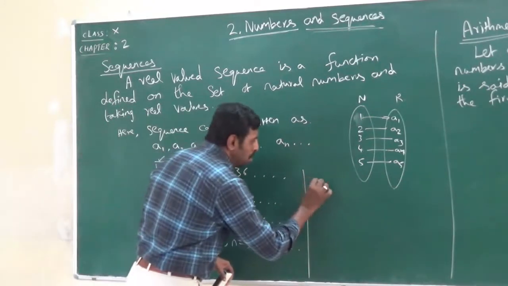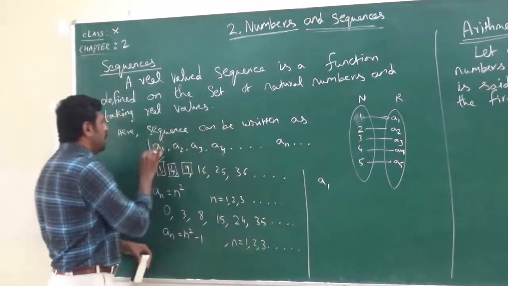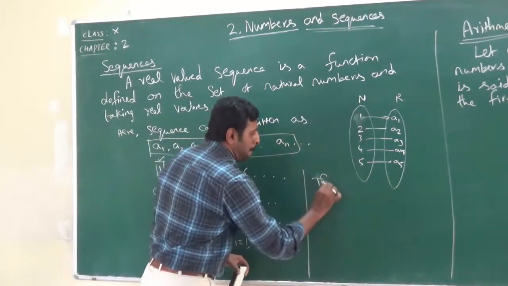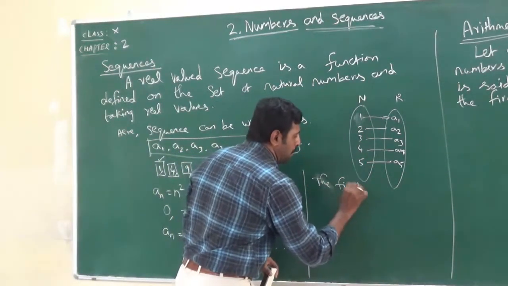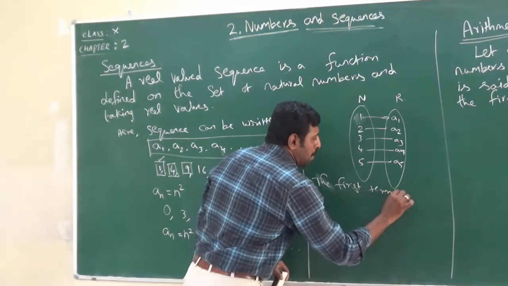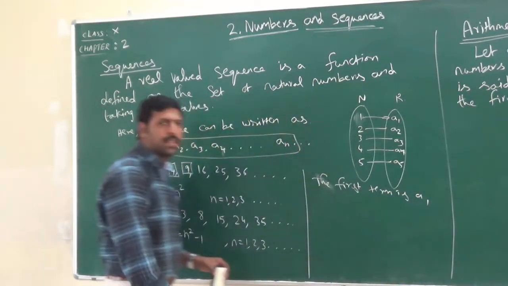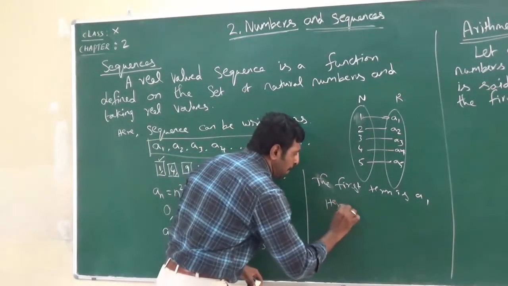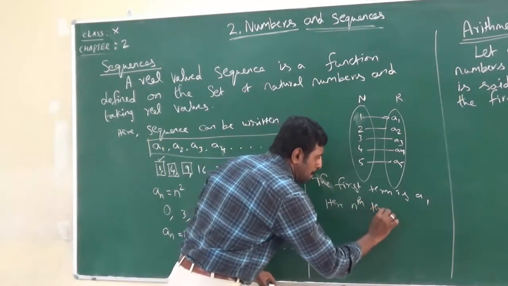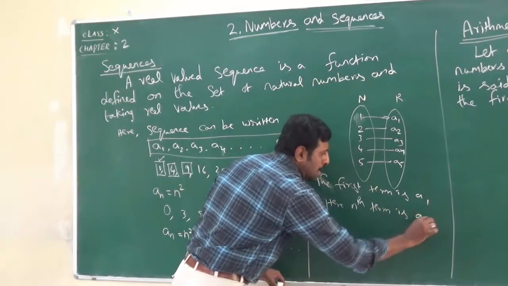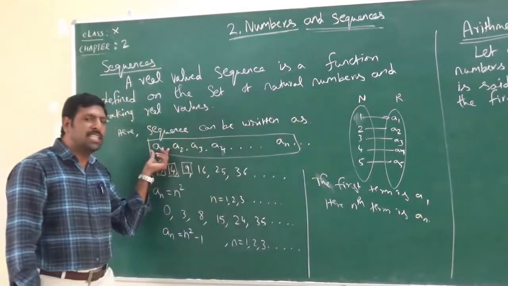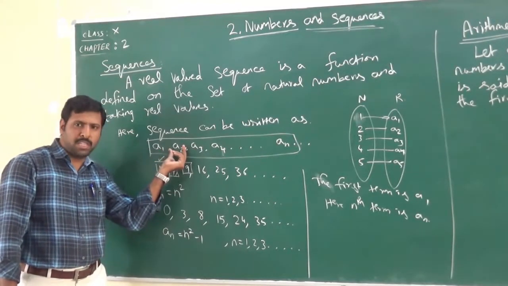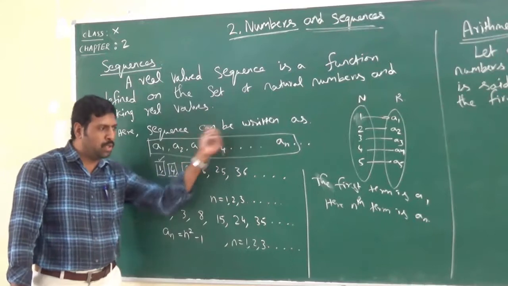Here the first term is A1, and up to the nth term, here the nth term is An. The position is mentioned in the terms. The first position is the first term, the second position element is the second term, and it goes on up to the nth term.